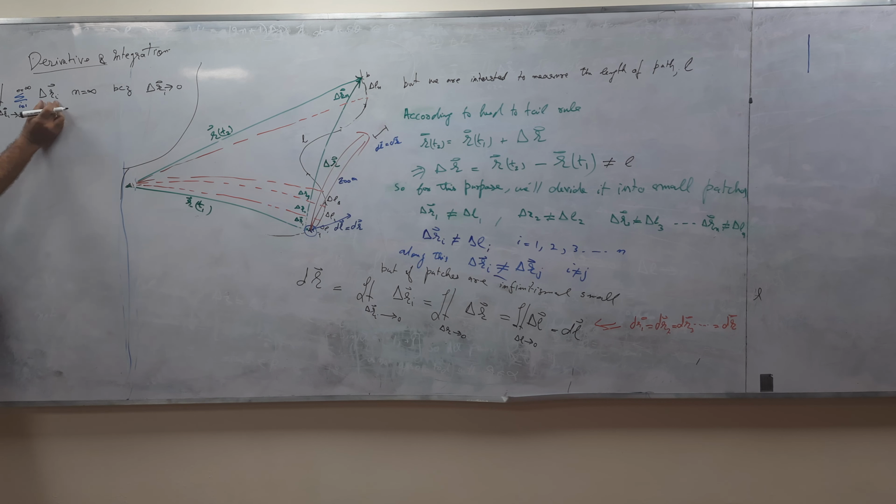And this may be written as i equal to 1 to infinity, limit delta Ri approaches 0, delta Ri. Yes, we may write it in this way.